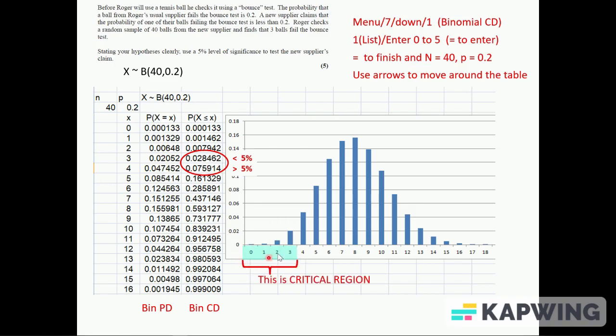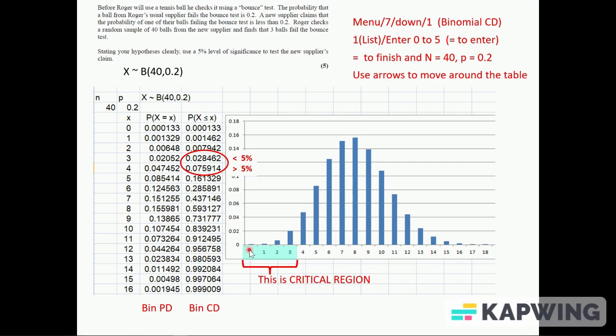We want to find a range of values where if we go into that range, we think, no, we don't want to be there. And if the chance of us going in there is less than 5%, we think, with this 0.2, I'm not too sure about this, because we would expect to get about 8 or 7, maybe even 6, might get 9 or 10.